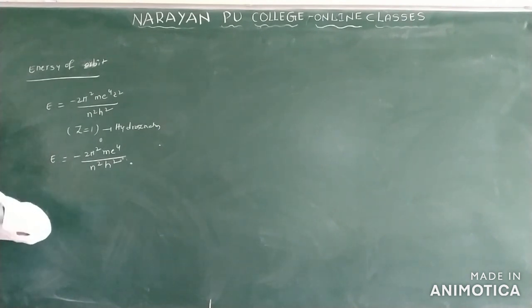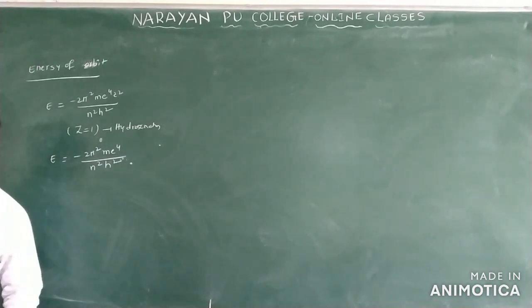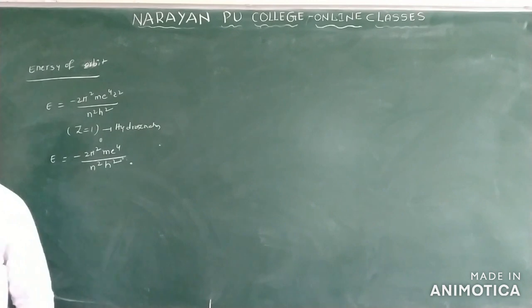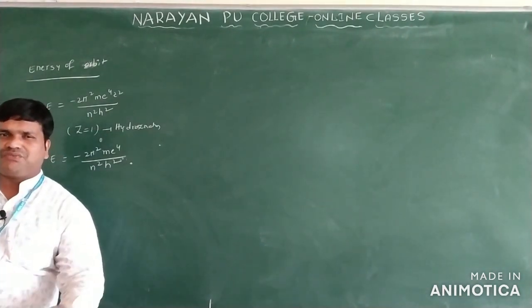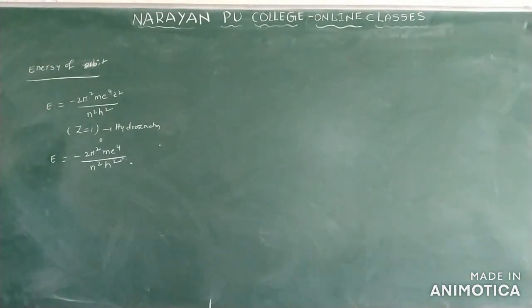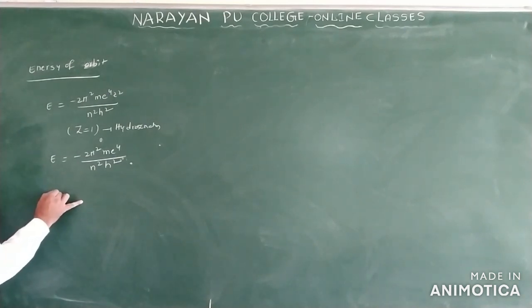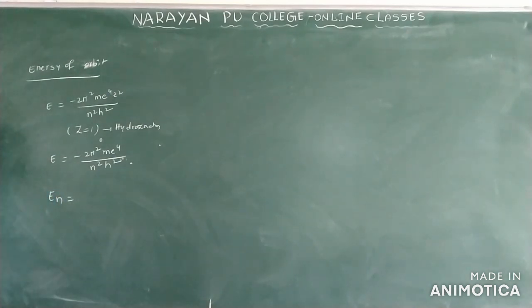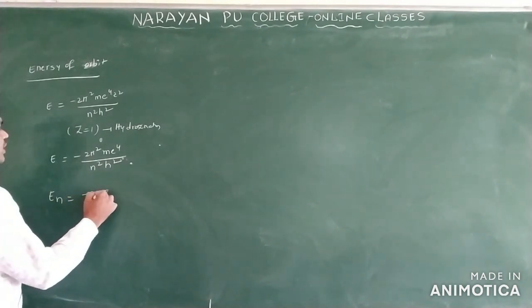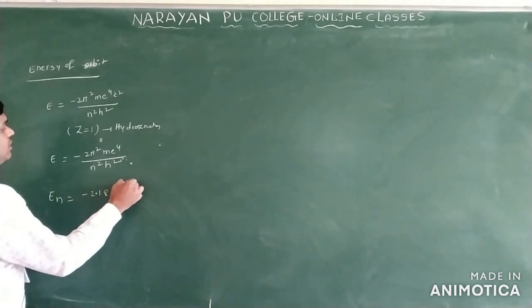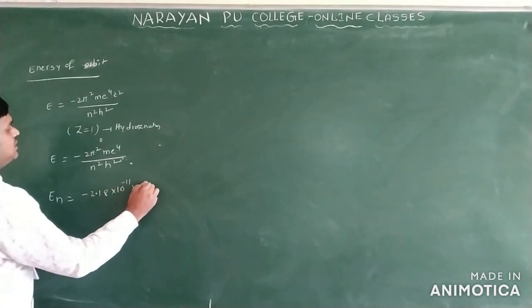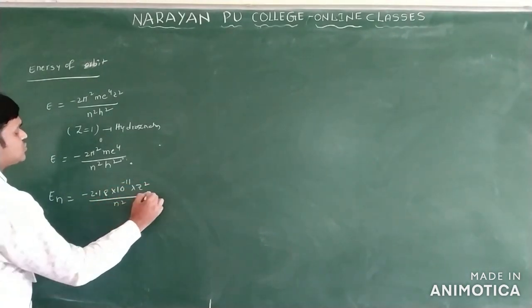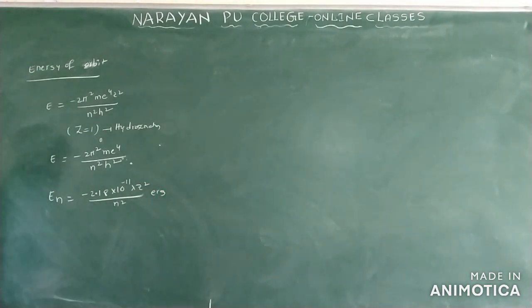You will get different values for this energy, that may be in the form of electron volt per atom, erg per second, joule per atom. We have different values. Just you can see these values of this energy of nth orbit. So we can get minus 2.18 into 10 power minus 11 z square by n square, erg per atom.